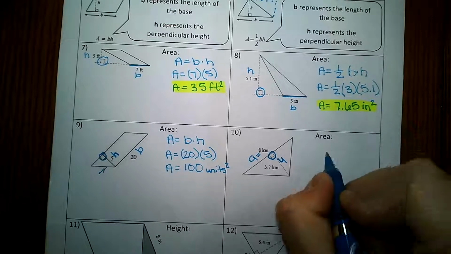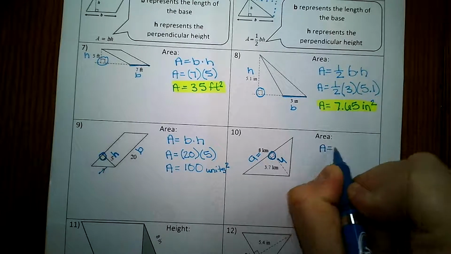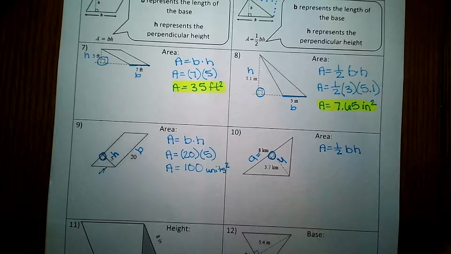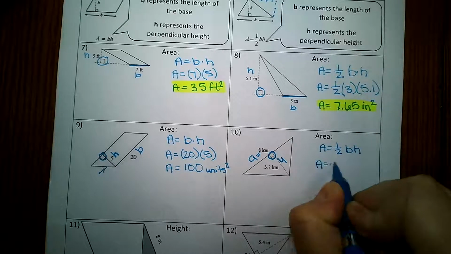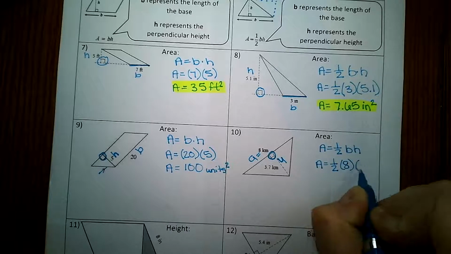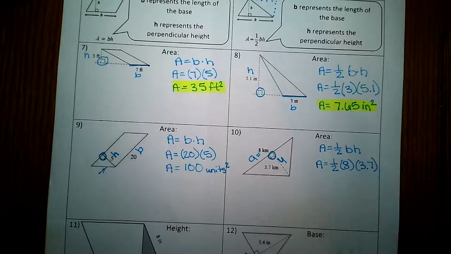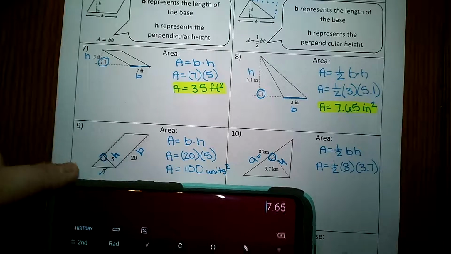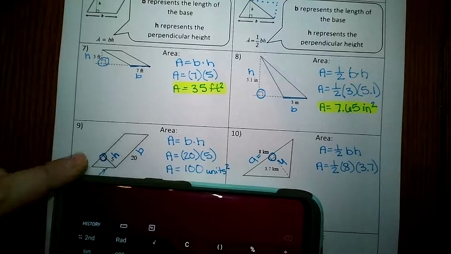Area formula of a triangle. Area is equal to half the base times the height. We've said that the base is 8 and the height is 3.7. Okay, again, I would recommend just typing this in all in one line. Then you won't have to worry about what goes where.